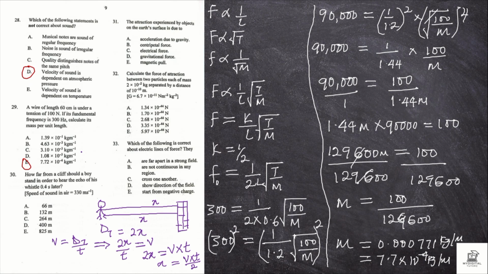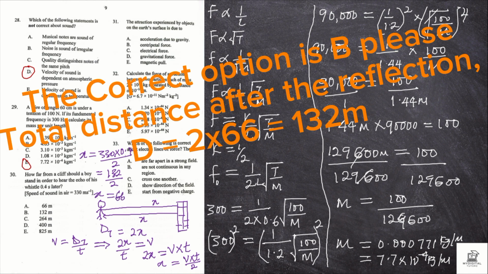So x will now be equal to velocity 330 multiplied by time 0.4 all over 2. When you say 330 multiplied by 0.4, that will give us 132 all over 2. So our distance x will be equal to 66 meters. When you say 132 divided by 2, that is 66 meters.